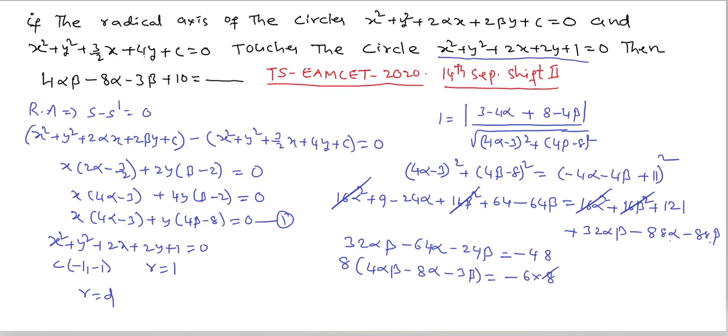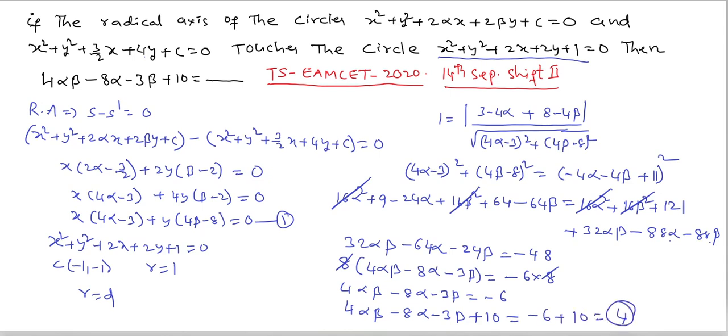So both sides 8 cancelled. Add 10 on both sides: 4 alpha beta minus 8 alpha minus 3 beta plus 10 is equal to minus 6 plus 10. So the value of 4 alpha beta minus 8 alpha minus 3 beta plus 10 is 4.